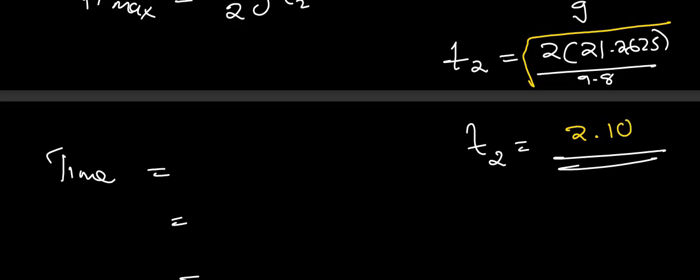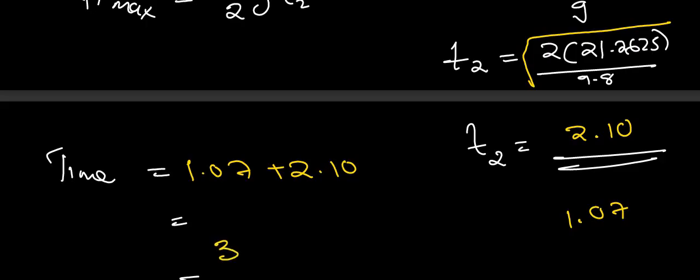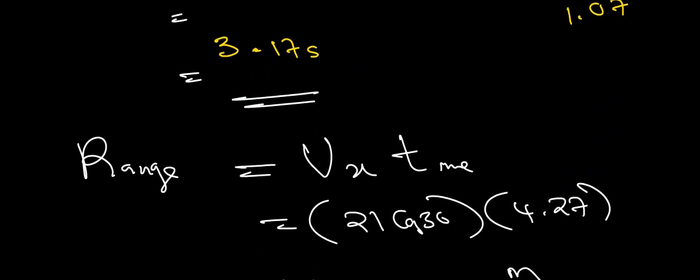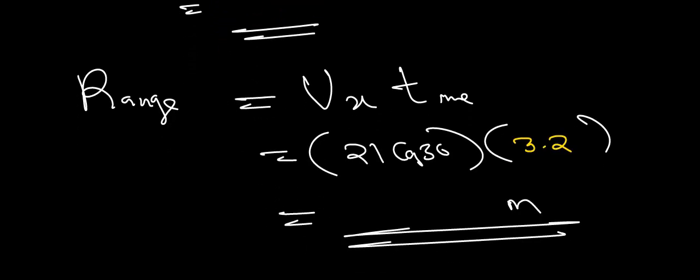So now when you add this with 1.07, 1.07 plus 2.10, this should give us what? Is it 3.17? Yeah, something like this. I think 3.2, which is the same as 3.2. So here we're supposed to use our 3.17, then you multiply everything here.